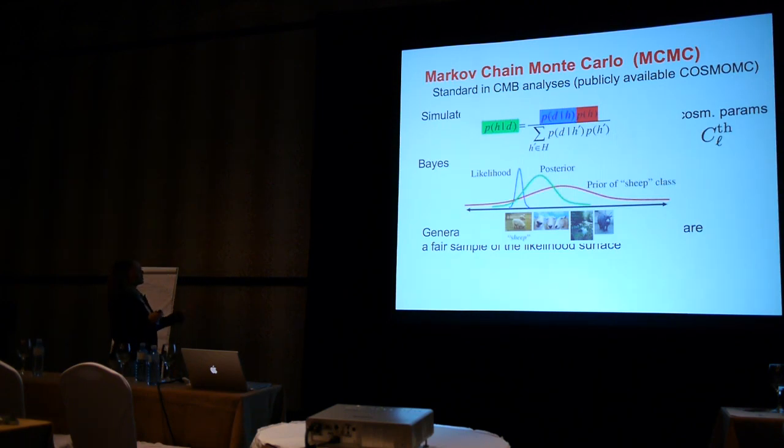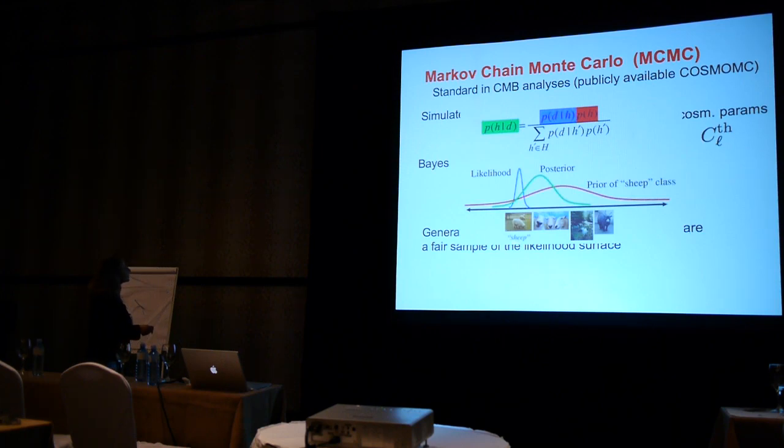Okay, so again, imagine that this is your likelihood, and here we have sheep, and we have, what is this? It's probably a cow, and this is something that looks like a sheep.